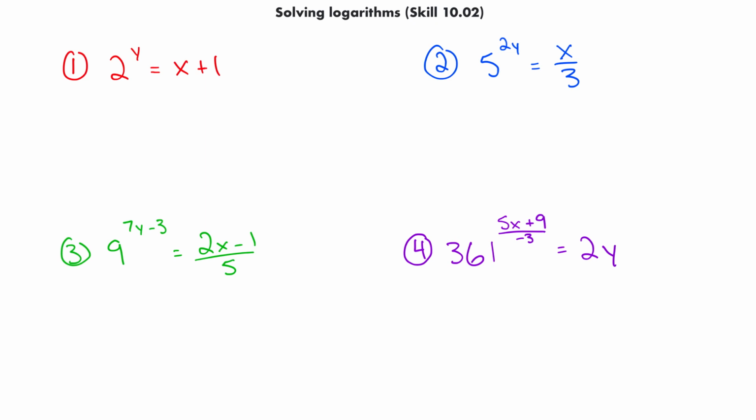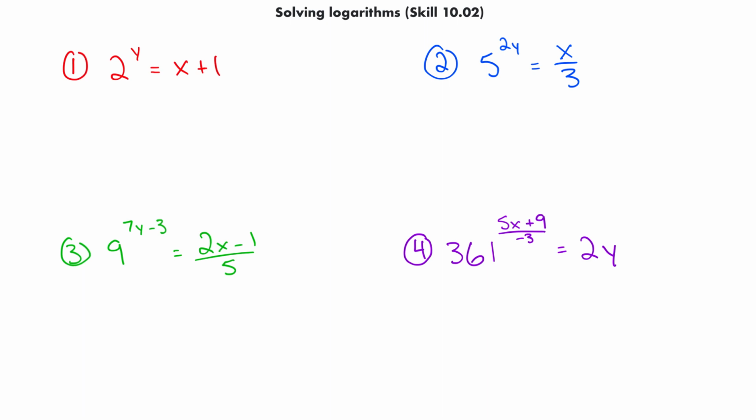So for problem number 1, because I want to solve for y, I want to isolate the y. The only technique that I have to solve this, with all my mathematical background and knowledge, the only way I can get that y out of the exponent is with a logarithm. I first have to convert this from an exponential to a logarithm.